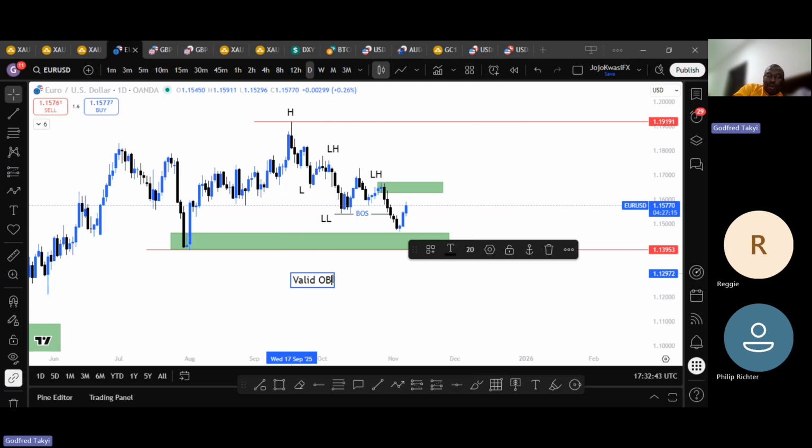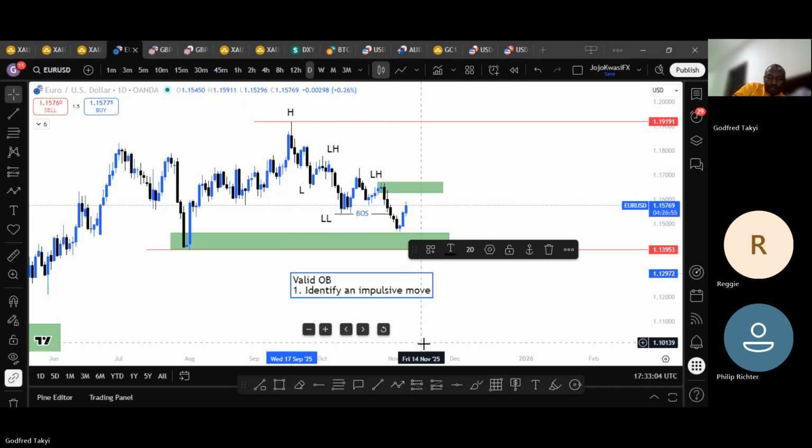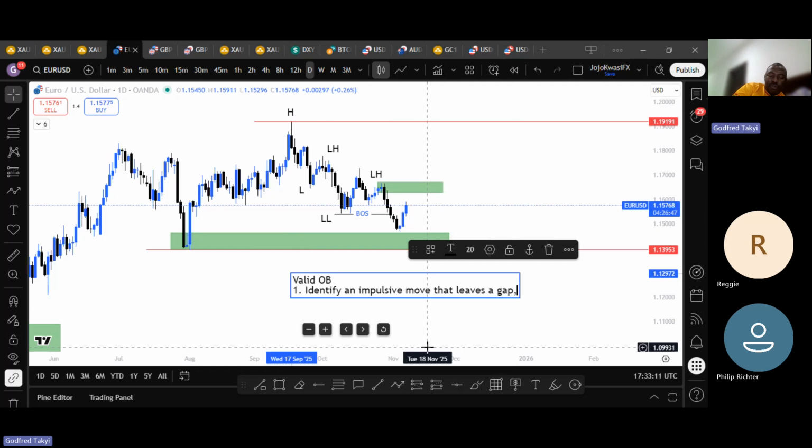So when you see me talking about OB, the first is that you must identify an impulsive move, which is this impulsive move, that leaves a gap that we call fair value gap.